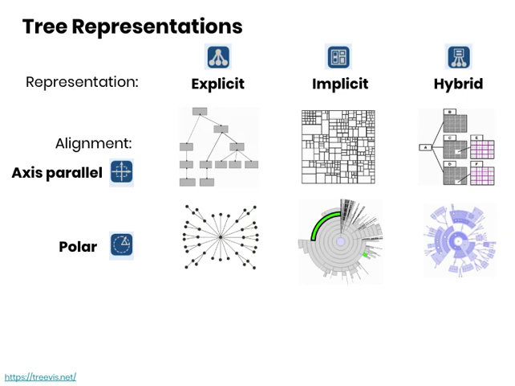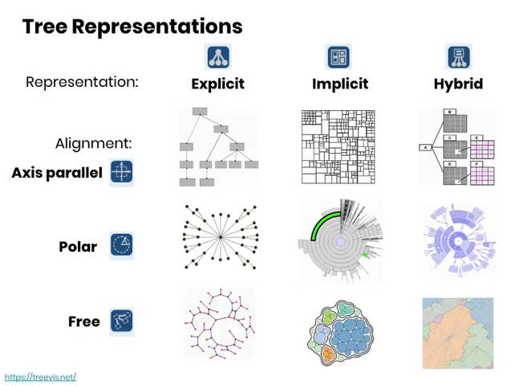Now, to complete this overview, there are also some layouts that are free. Some of them I've been discussing earlier. In free layouts, you're not having any top to bottom, left to right, or center and periphery relation for your parent-child relationships, but it's kind of trying to make the most use of the space.